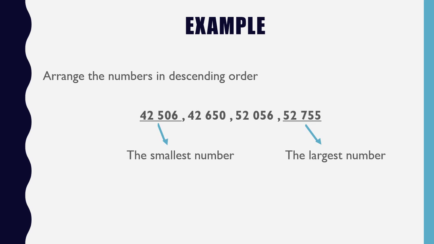As we have identified the smallest number and the largest number, in order to arrange them in a descending order, we have to arrange them from the largest to the smallest manner.